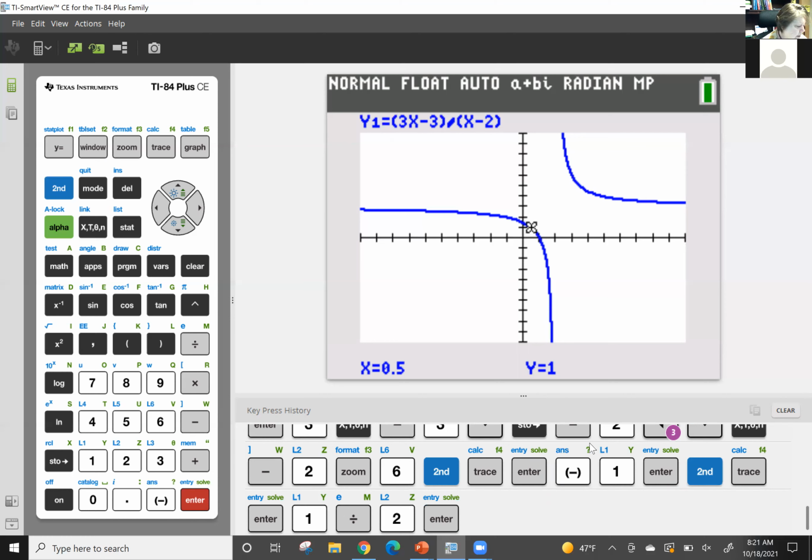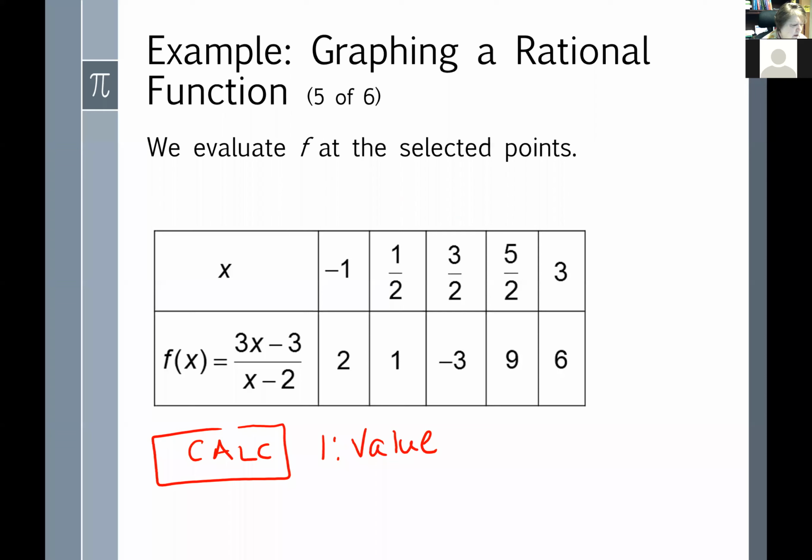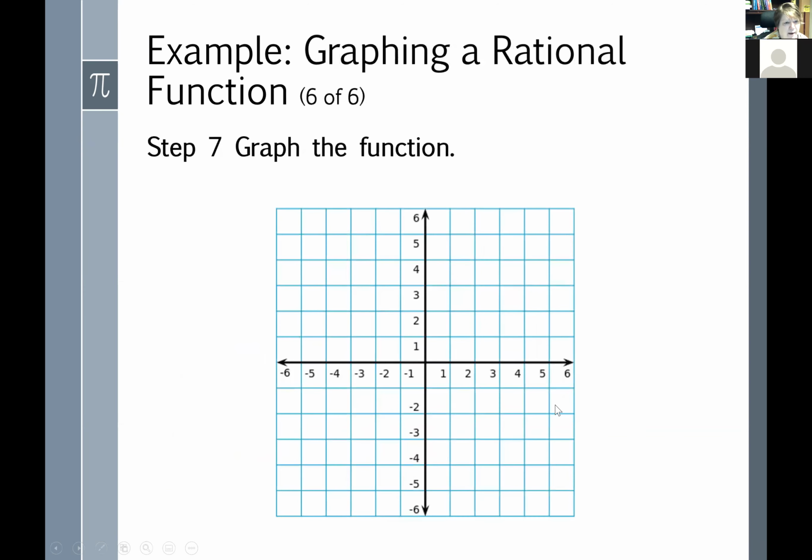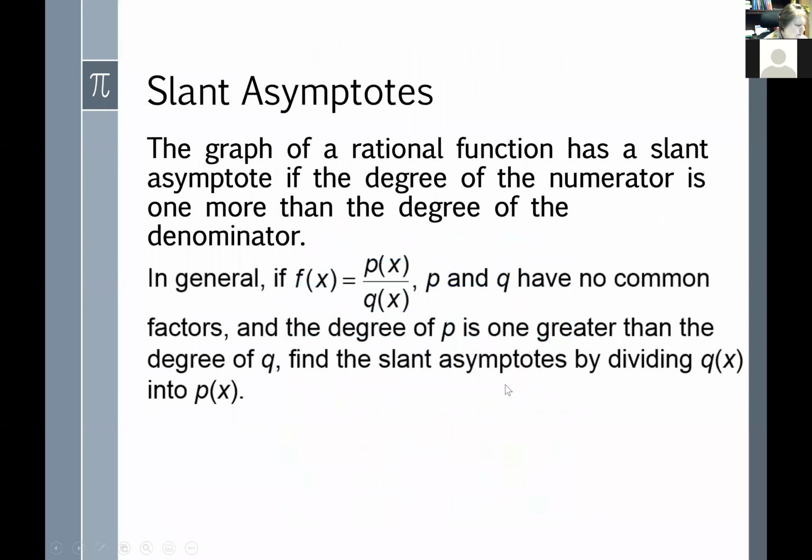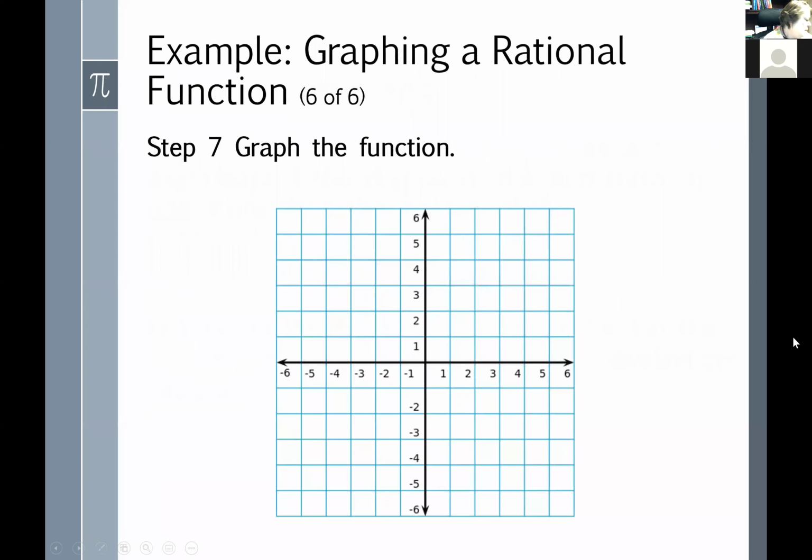All right, let's go back to the PowerPoint. So I have found these values. There they are in the table. And then I'm going to graph the function. So I'm going to pick the graph out that looks the most like this.